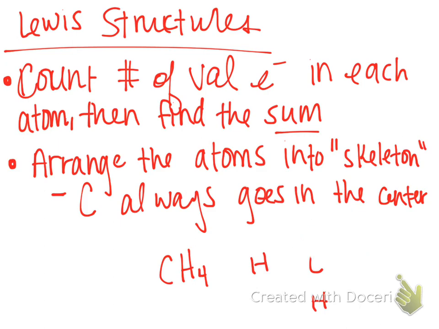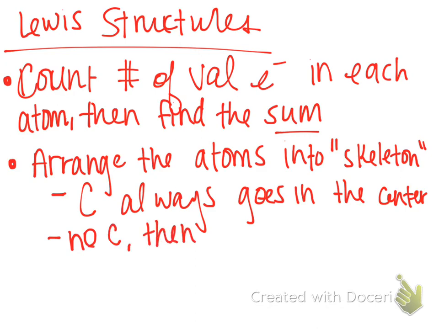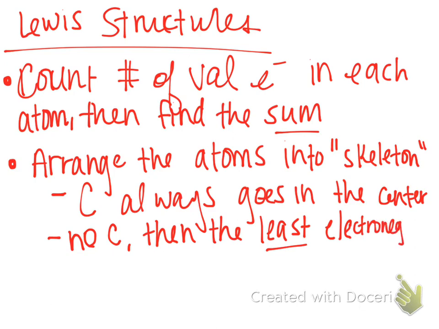So that's one of our rules for our skeleton. Carbon always gets to go in the center. If you have no carbon, then the least electronegative atom goes in the center.